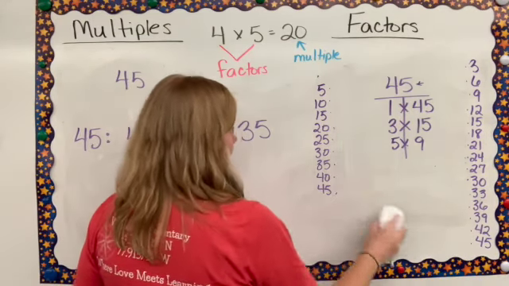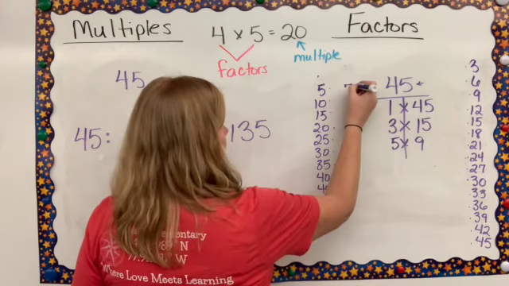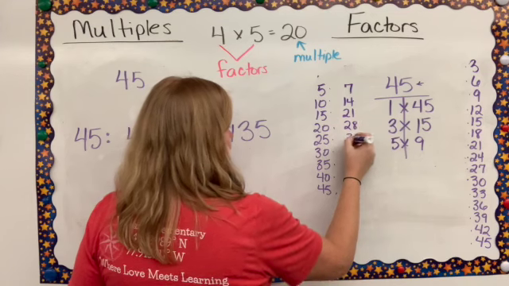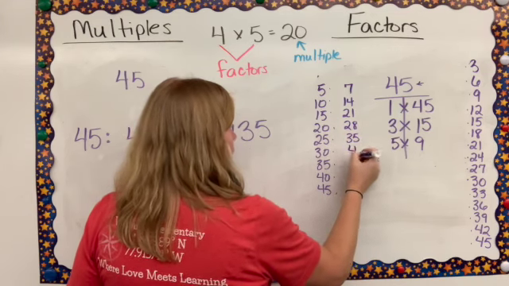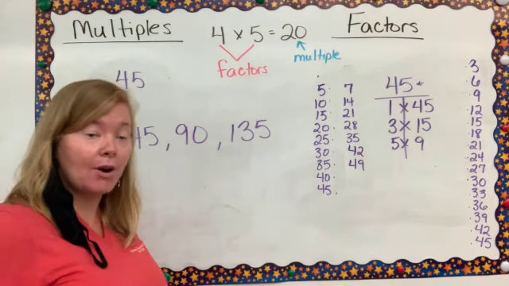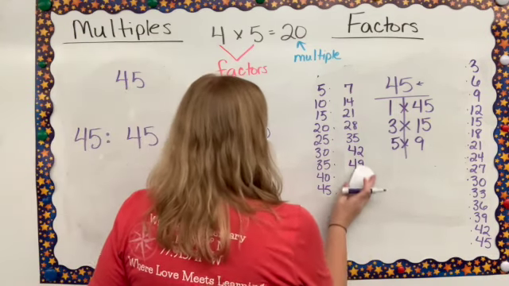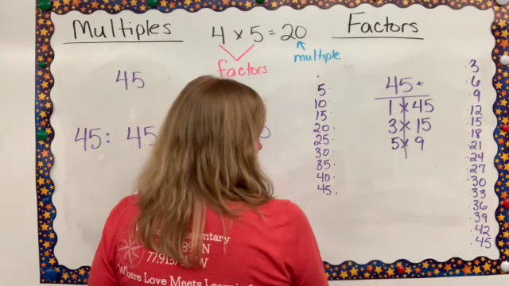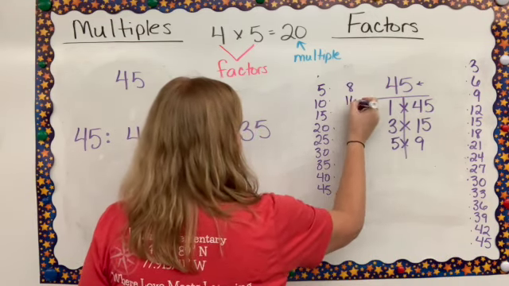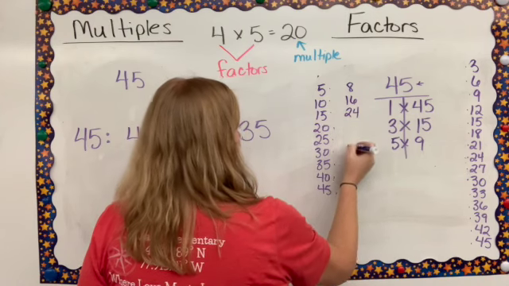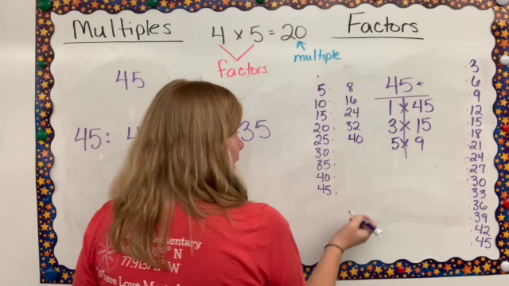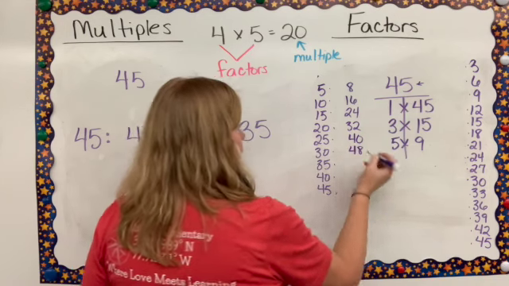Let me try my 7s. 7, 14, 21, 28, 35, 42, 49. Does that work? Nope. And all I have left to try is 8 because I've already used 9. 8, 16, 24, 32, 40, 48.